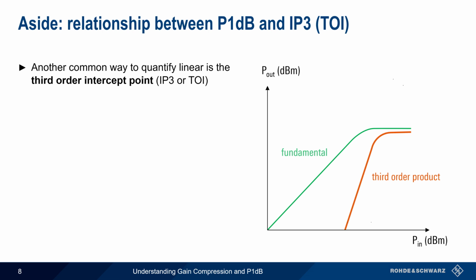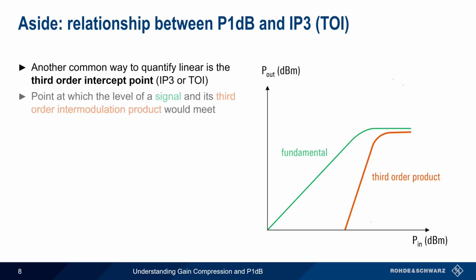As we can see from this graph, compression prevents these two signals from meeting, but the point at which they would meet is called the third-order intercept point, abbreviated IP3 or sometimes TOI. Like a higher P1dB, a higher IP3 indicates greater device linearity.